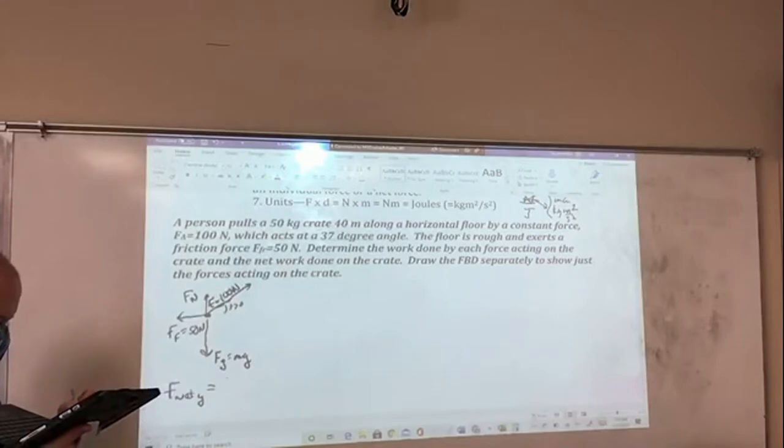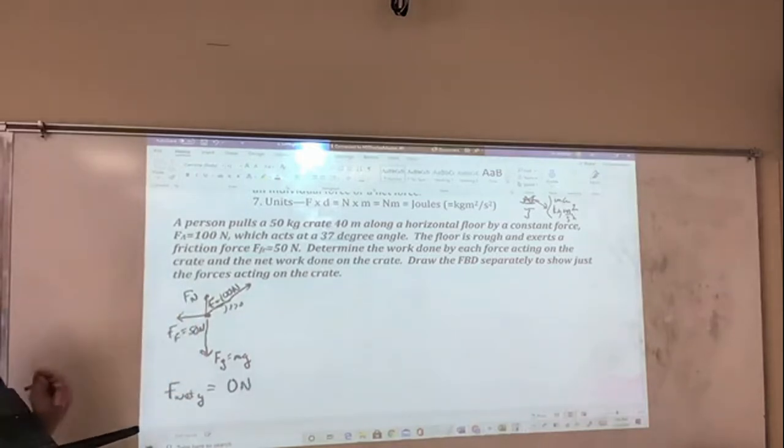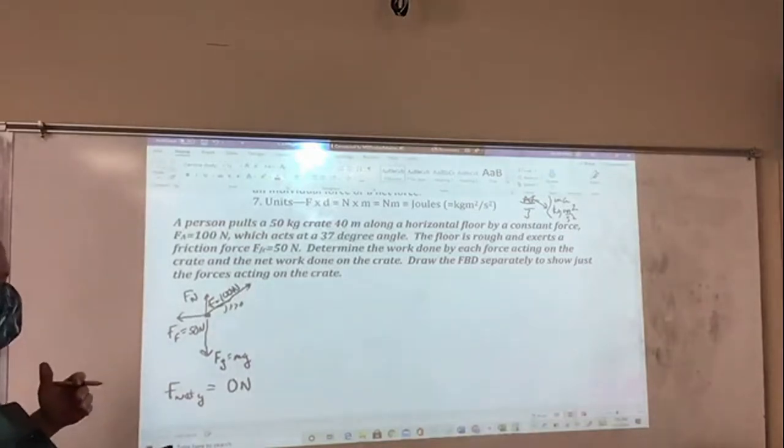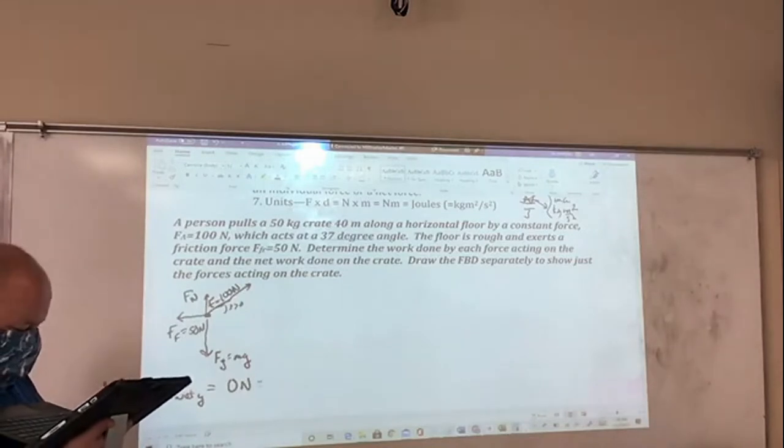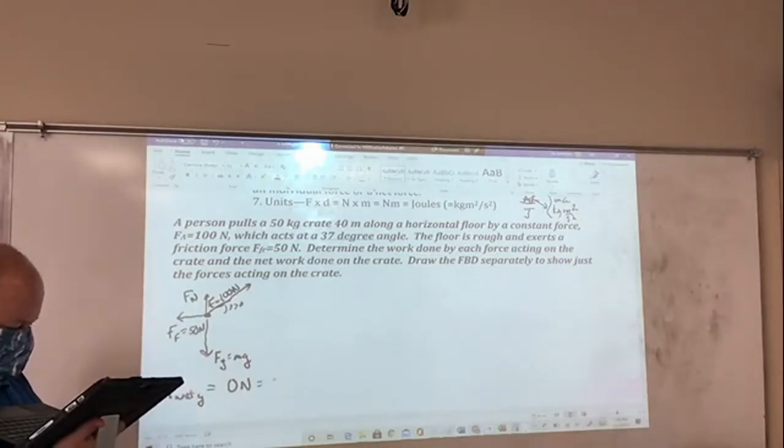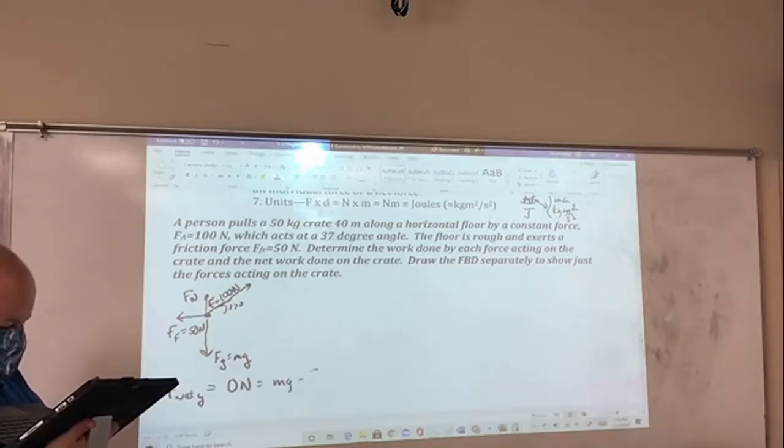What's the net force in the y direction? Zero, right? There is no net force in the up and down direction. It's not accelerating either up or down. In fact, it's not moving in the up or down direction. So I know that that's going to be the force due to gravity, or mg, minus the normal force.